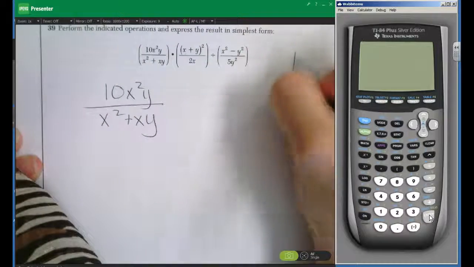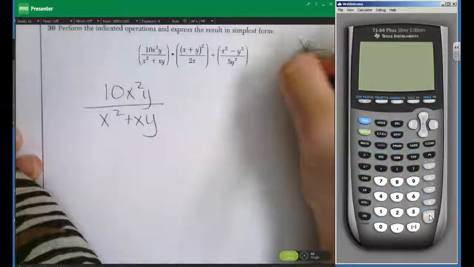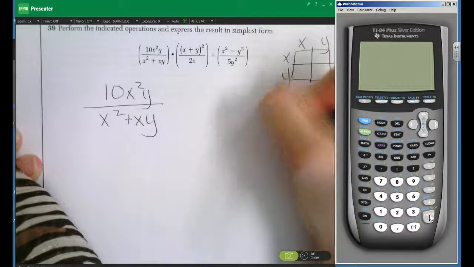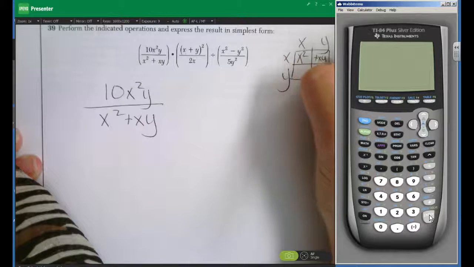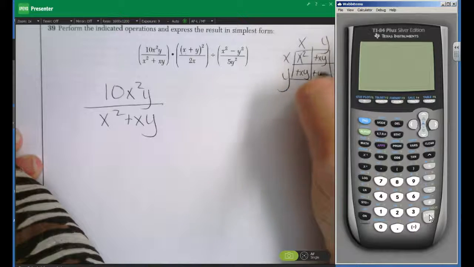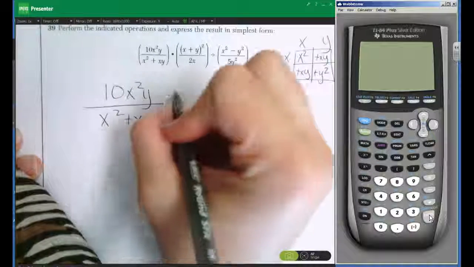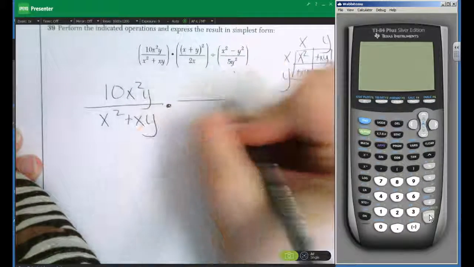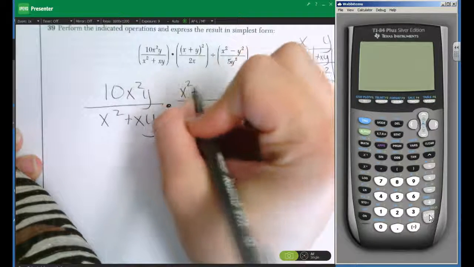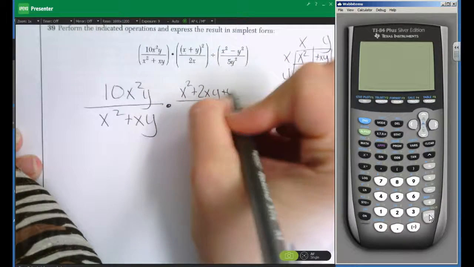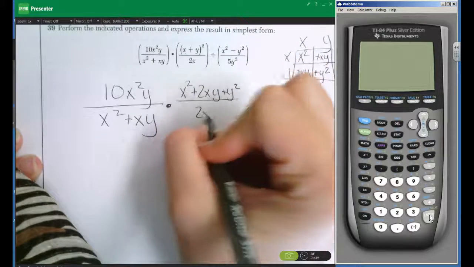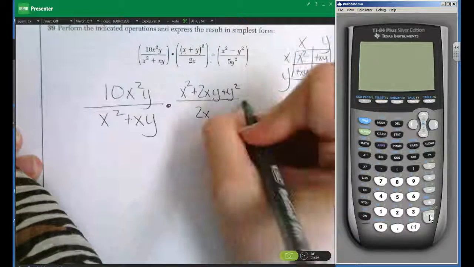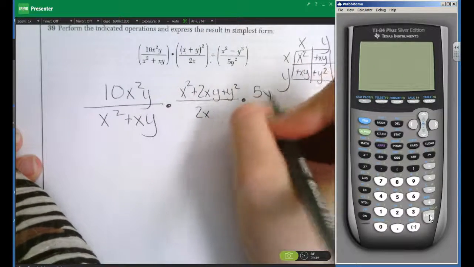This I need to do a Punnett square for. So I know my top here, this is still multiply, is going to be x squared plus 2xy plus y squared. That's divided by 2x. And this is divide, so I'm going to multiply the reciprocal.